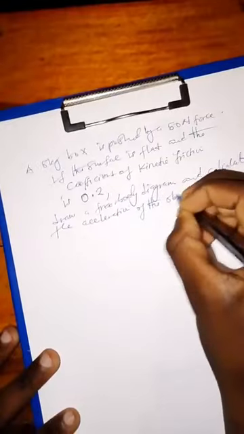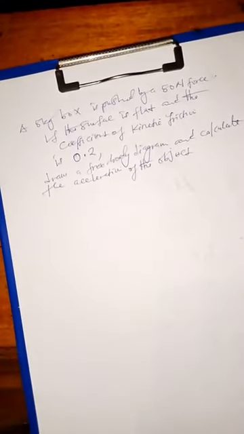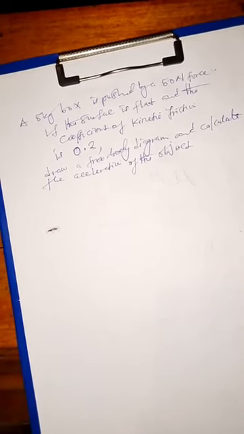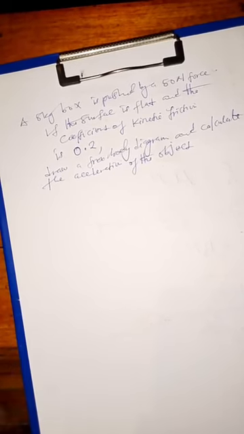So this box is being pushed by a 50 Newton force, that should be your picture in your mind, on a flat surface, with the coefficient of kinetic friction given as 0.2. Now they want us to draw the free body diagram.